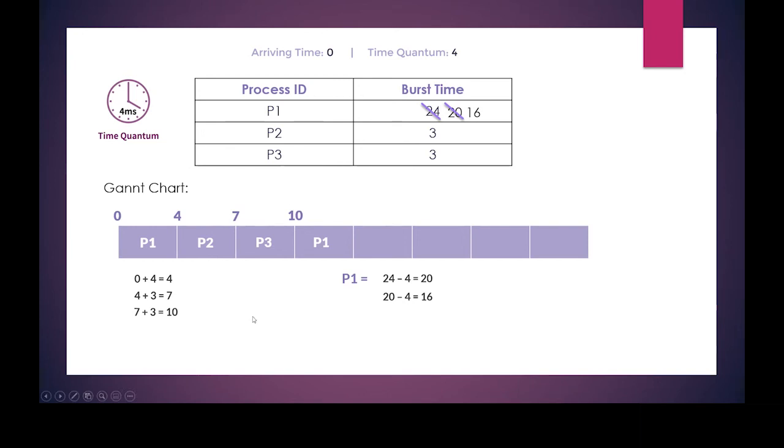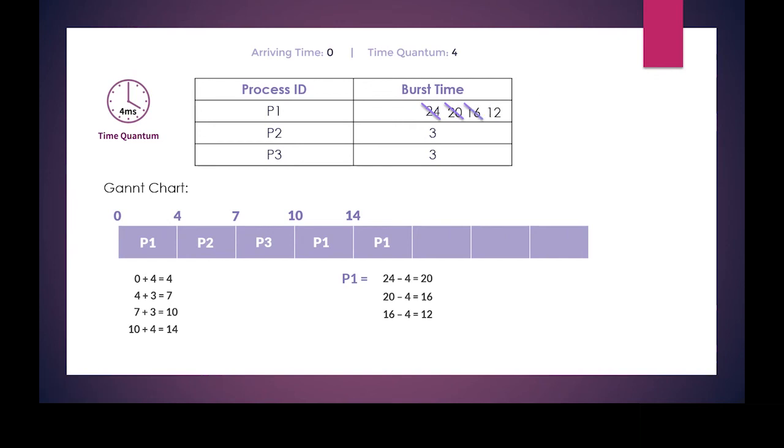So 10 plus 4 equals 14. So 14, right? And then we're going to compute our new burst time for P1, which is 16 minus 4 is 12 here. Okay?